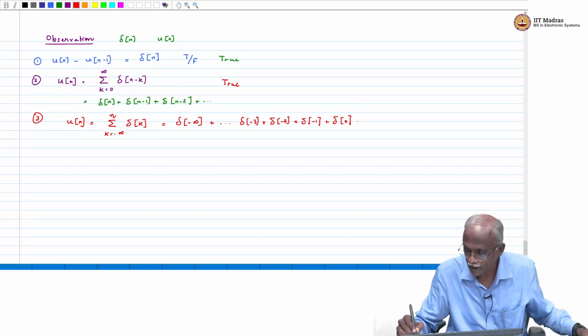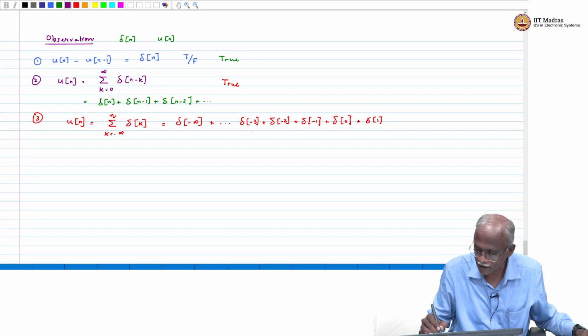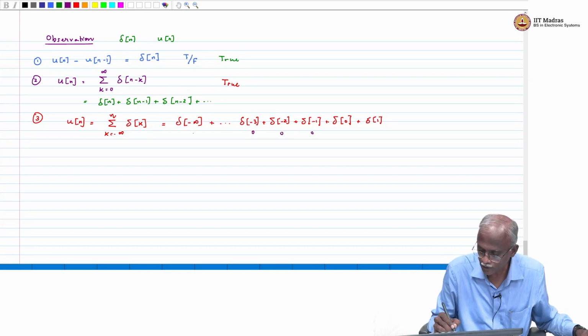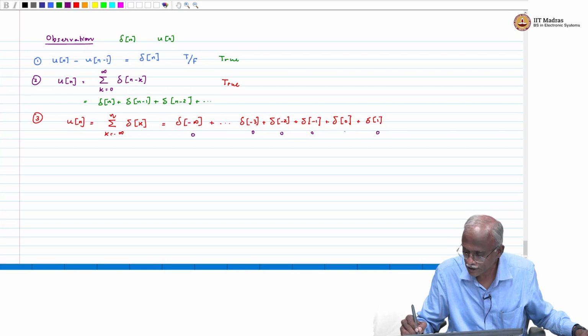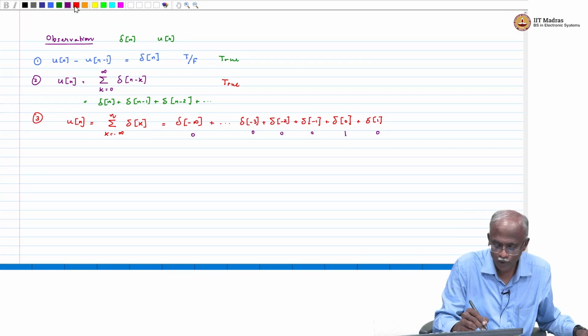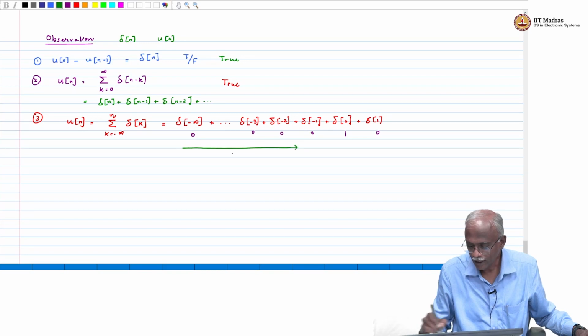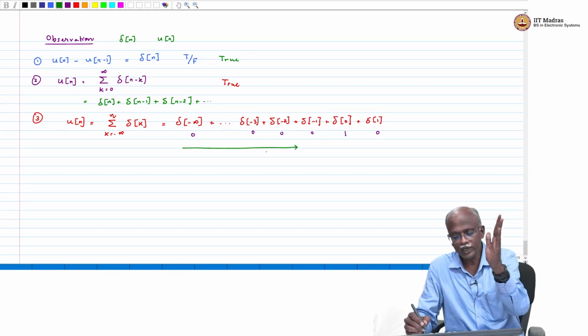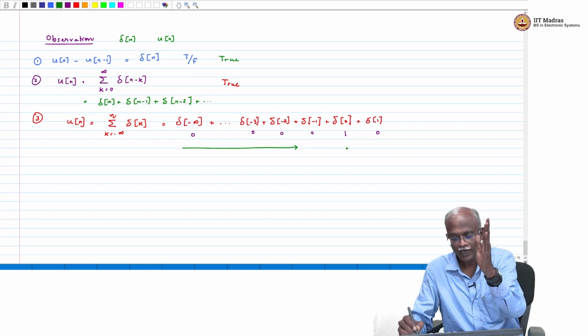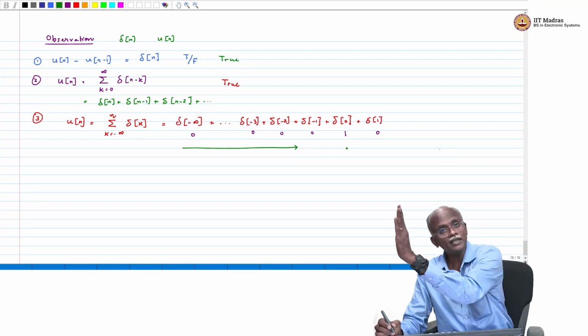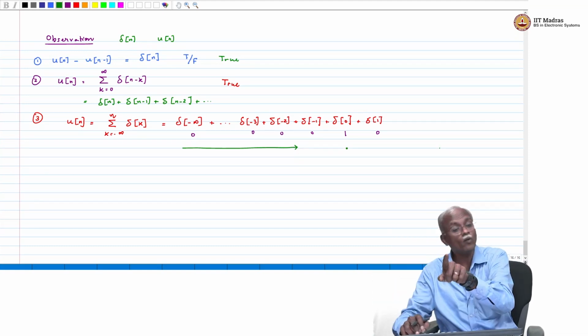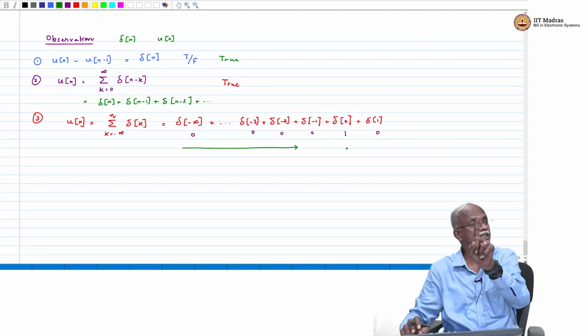So, then anything beyond that, delta of 1. So, this is 0, this is 0, this is 0, this is 0, this is 0, this is equal to 1. If I am doing my summation all the way from this side, I'll keep getting 0. I'm adding only zeros up until I reach this point. Now, once I go past that point, again I'm getting only zeros, but I already have one sample which is equal to 1.